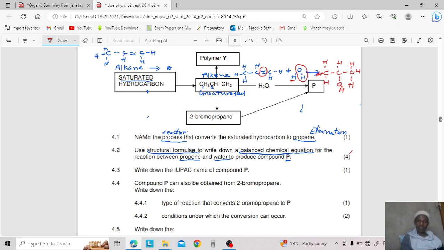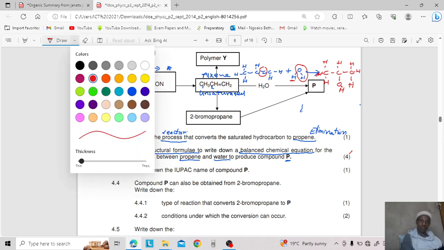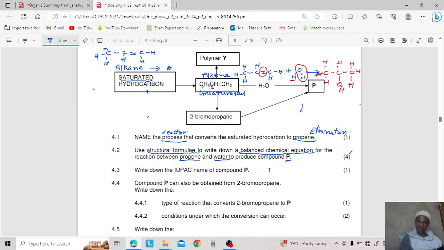Write down the IUPAC name of the compound P. Now, how do we write the name here? For these 3 carbons, in fact, we have prop.